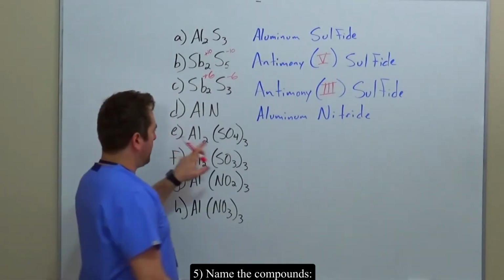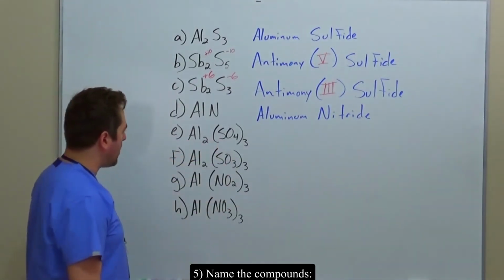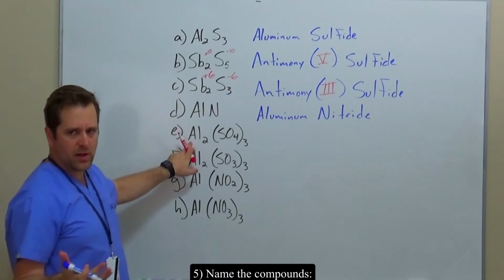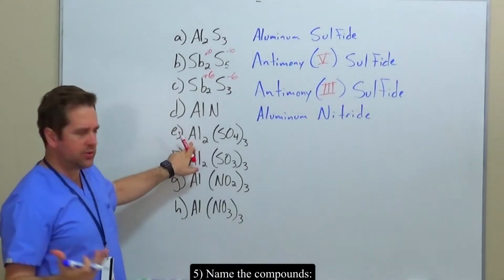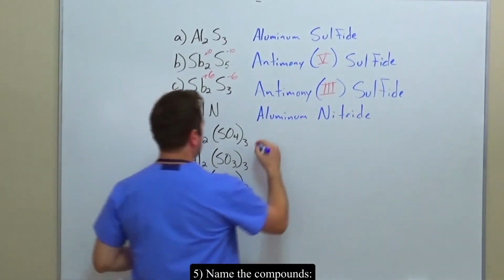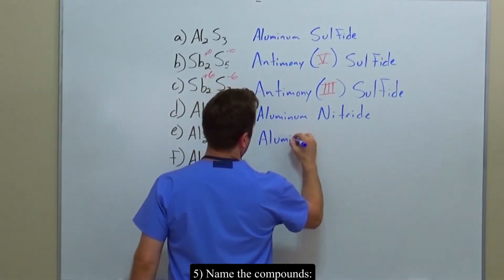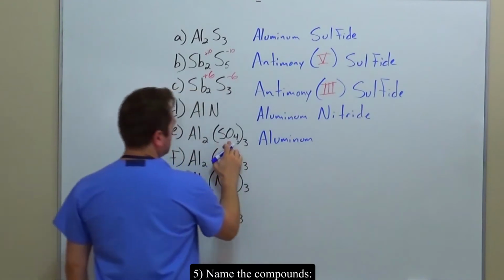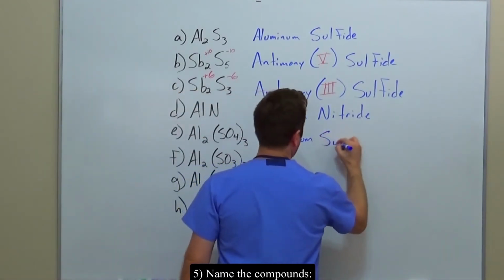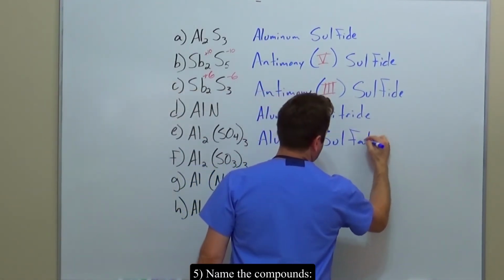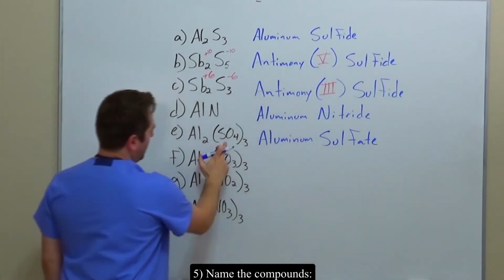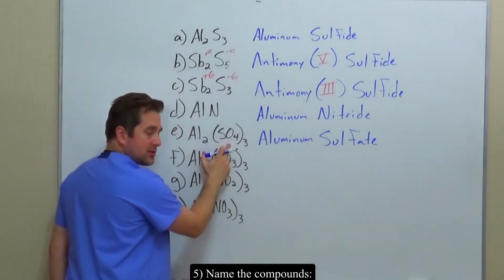Again, we have aluminum, but notice we have a polyatomic ion. Now, aluminum is not a transition metal, so we don't have to notate the charge. We can just say that this compound is aluminum, and then now name the polyatomic ion. It's just sulfate, -ate suffix, because why? The sulfur is bonded to 4 oxygens.